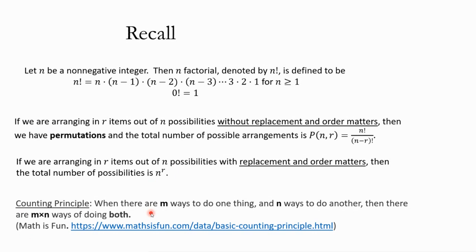Basically, if there are m ways to do one thing, and there are n ways to do another, then to do both, there are m times n ways. In other words, you just multiply. So that's what the counting principle says.